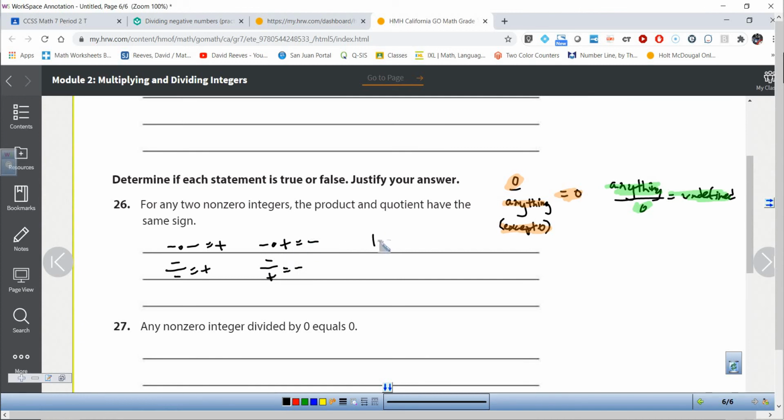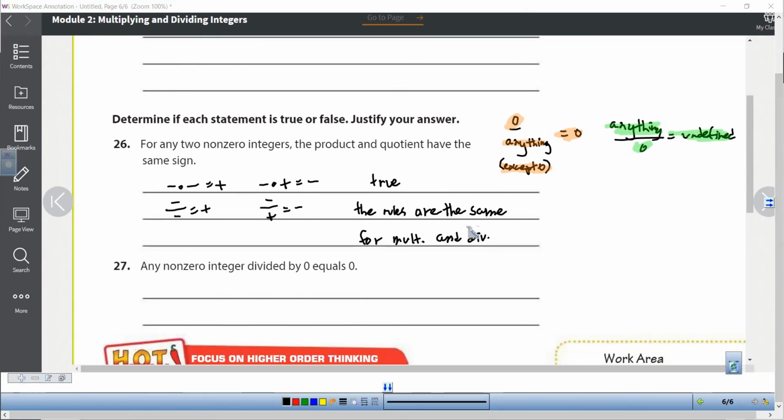So this one is true because the rules are the same for multiplication and division. All right, and that's what I went over in my previous video and showed you why.